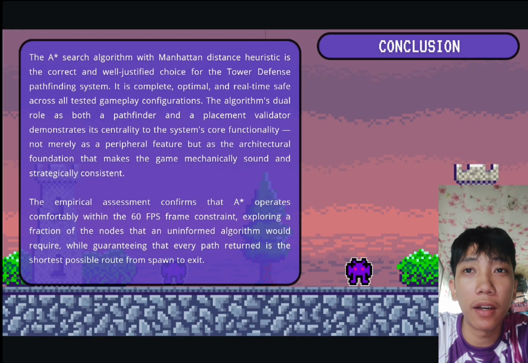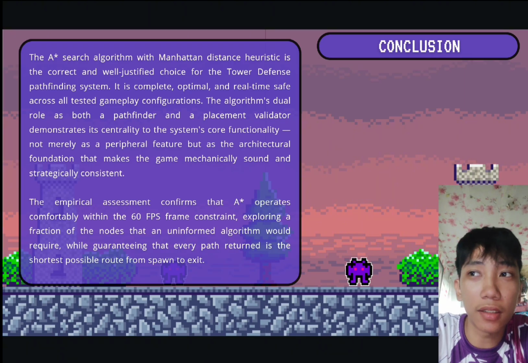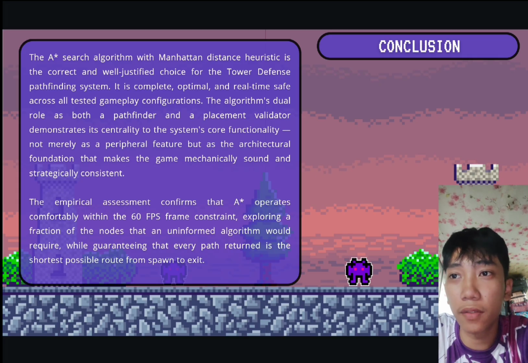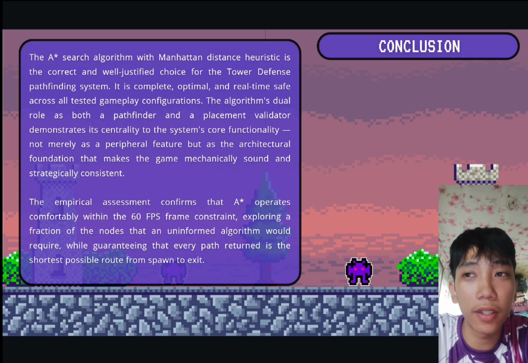So, the conclusion. The A-star search algorithm with Manhattan distance heuristic is the correct and well-justified choice for the tower defense pathfinding system. It is complete, optimal, and real-time safe across all tested gameplay configurations.